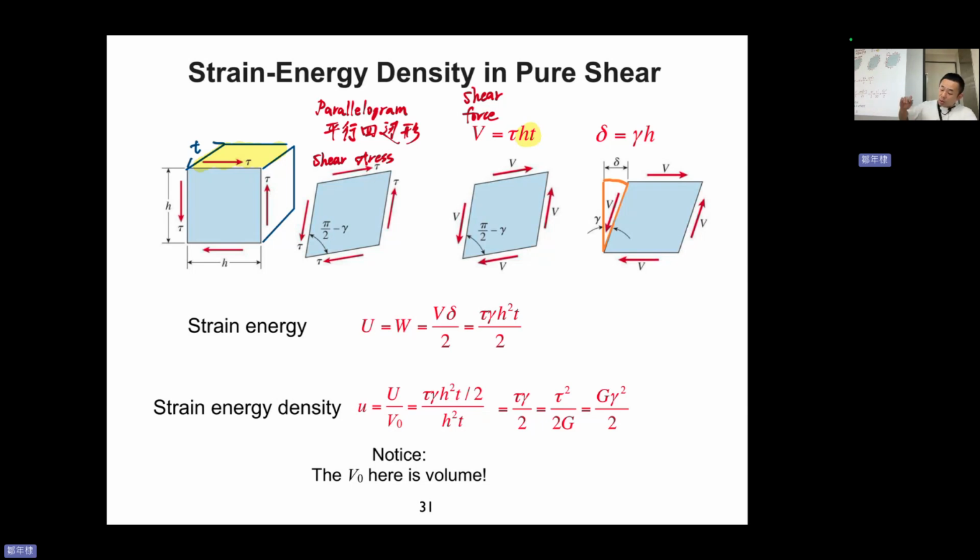Now we know the work: the V pushes from left to right, and the force moves through this displacement delta. So the work is V times delta divided by 2.